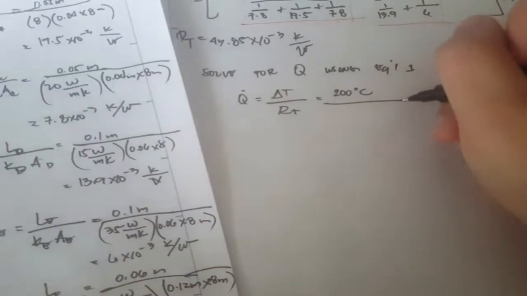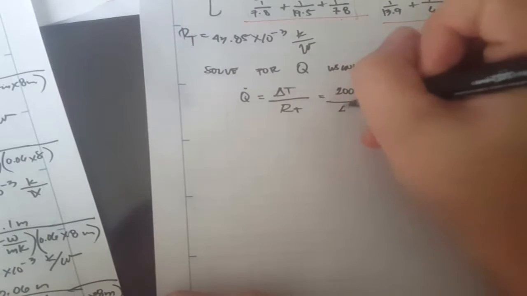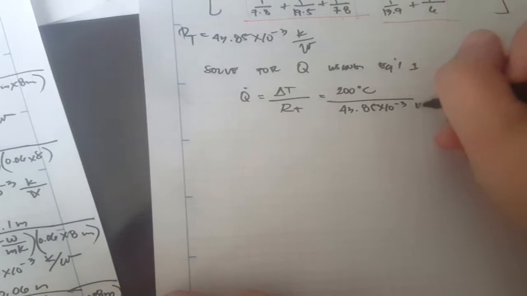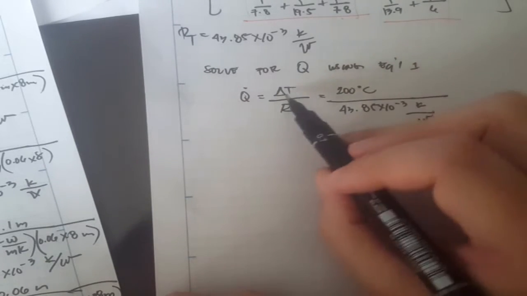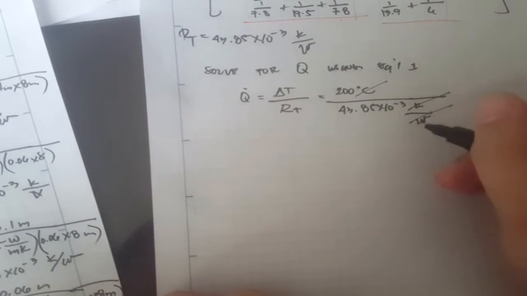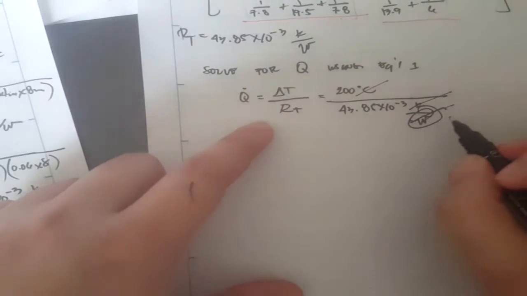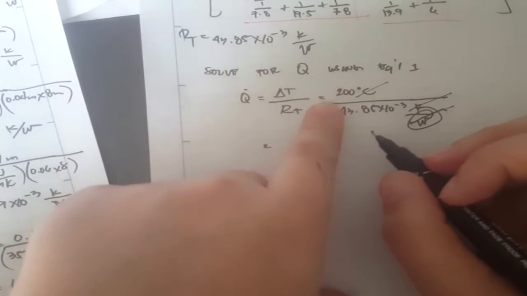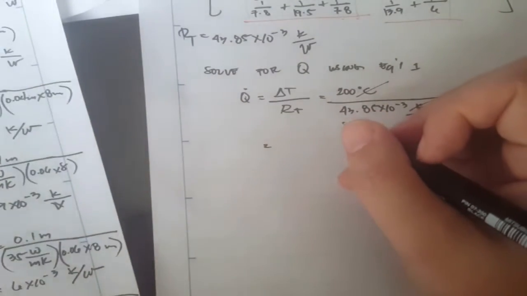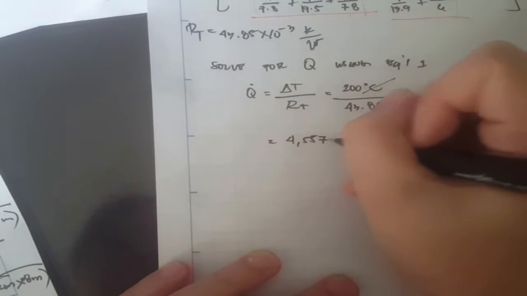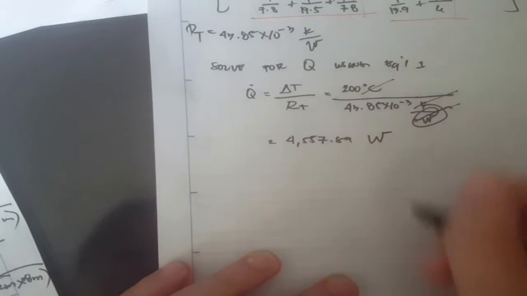And our RT is, where is our RT? Right there. So we have 43.85 times 10 to the negative 3 K per watt. Since this is delta T, we can cancel the unit and come out with watts. So 200 divided by this value is equal to 4557.89 watts.